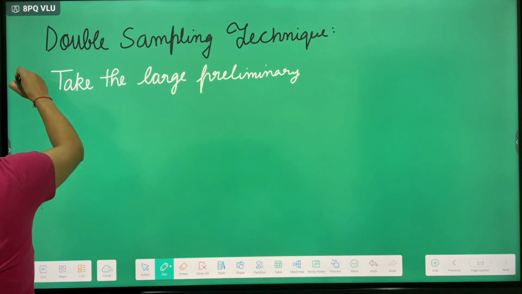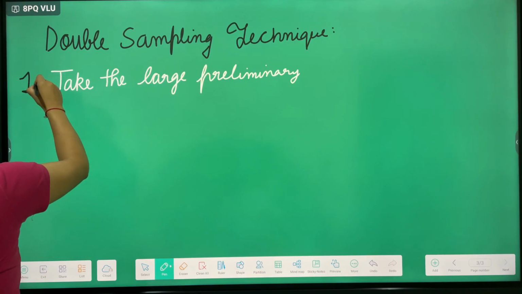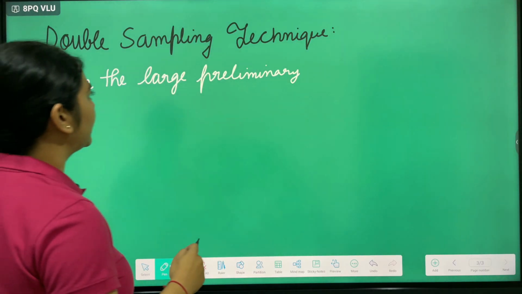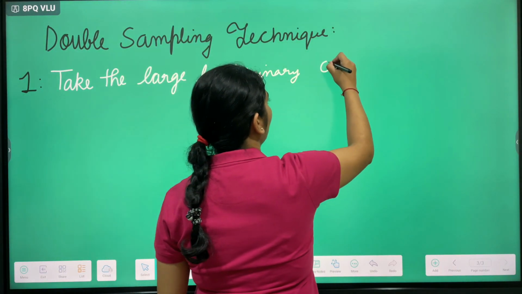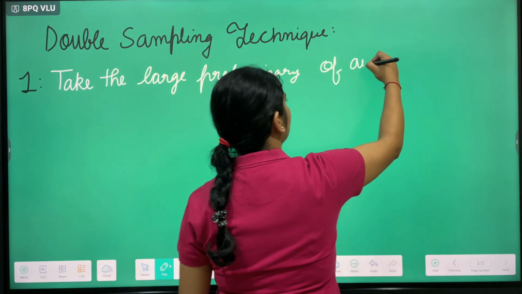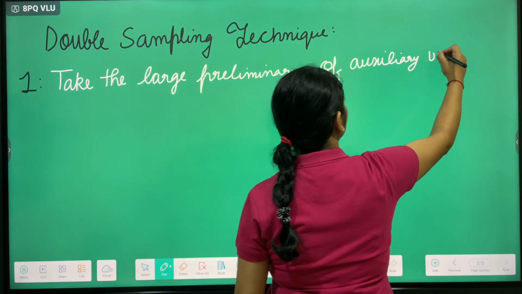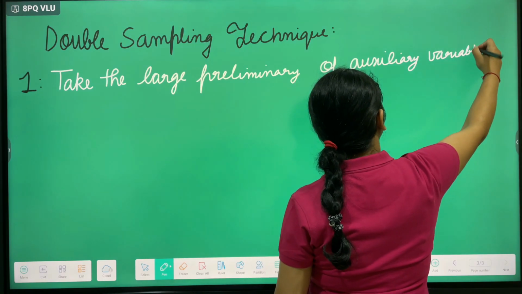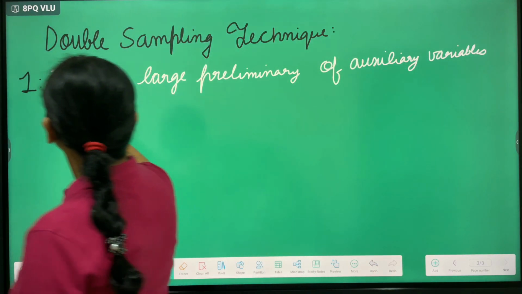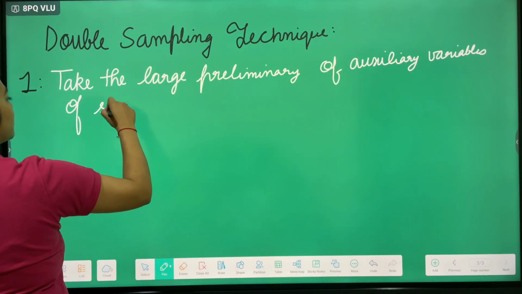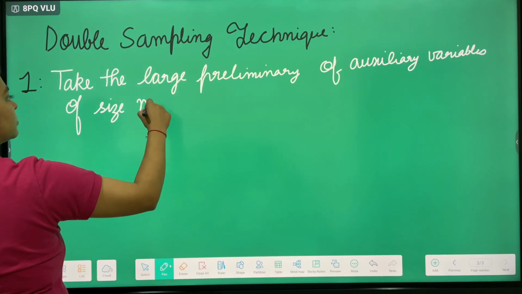These are divided into two phases, phase one and phase two. In phase one, we take a large preliminary sample of auxiliary variable of size small n.